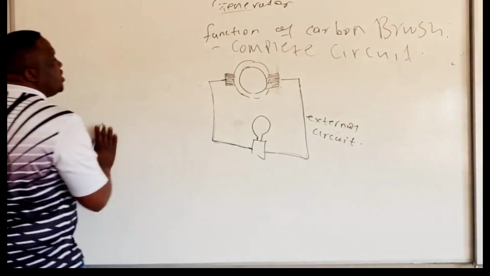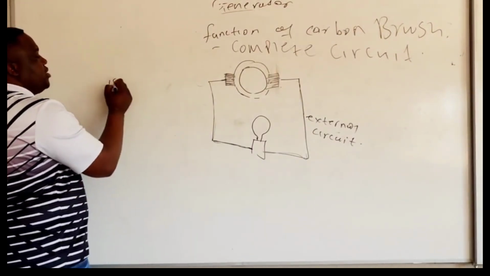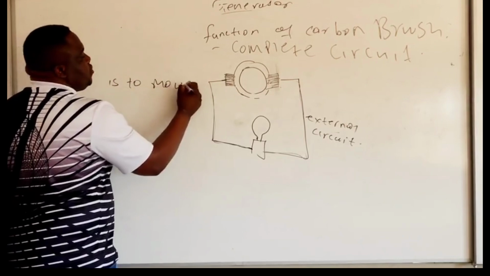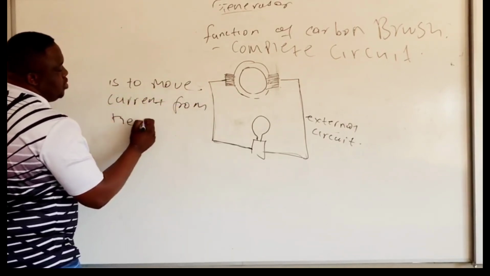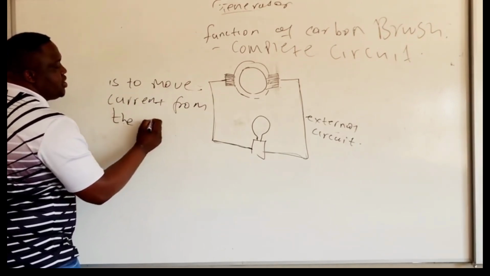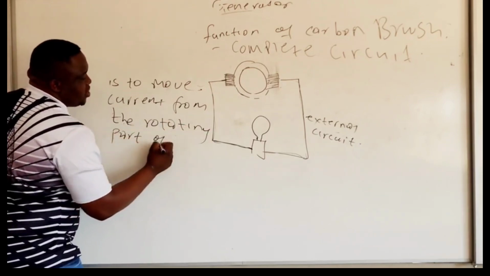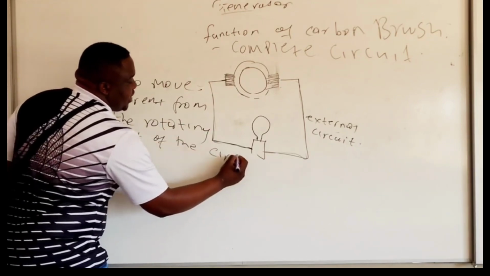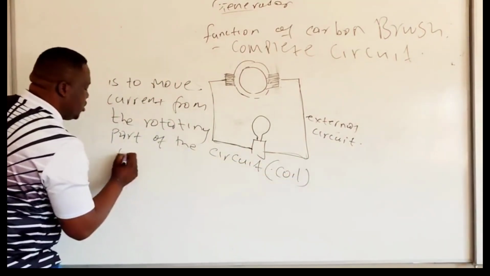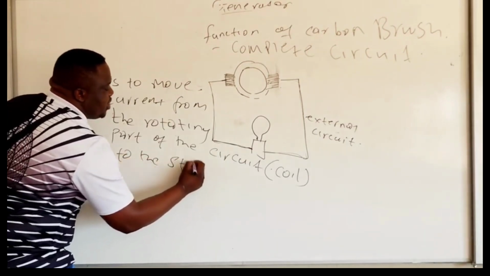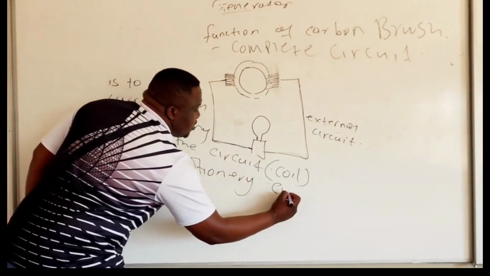They say that the function of the carbon brush is to move current from the rotating part of the circuit, which is the coil, to the stationary circuit.